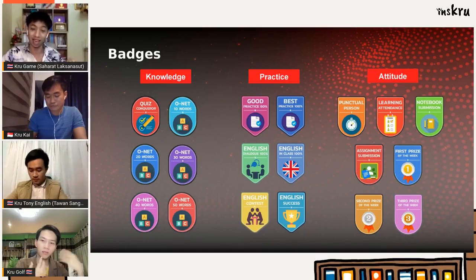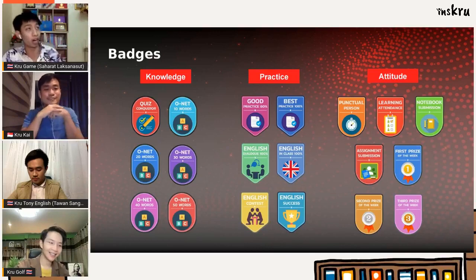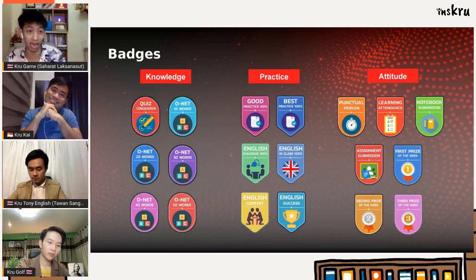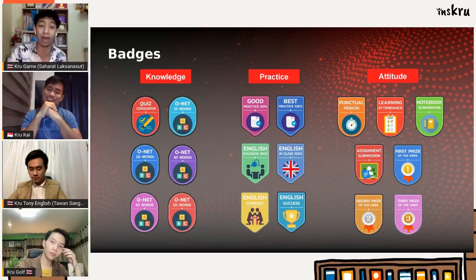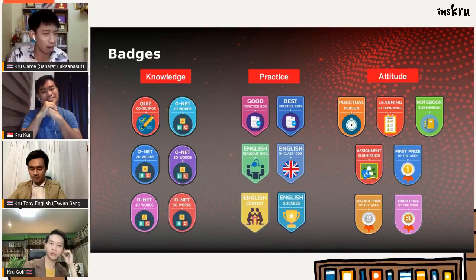And if they talk to the teacher in English outside the classroom 3 times a day, they will receive another badge. These badges will appear on their profile on the website as well. So they can capture the picture and share it on their own Facebook account or Instagram. That's fun.